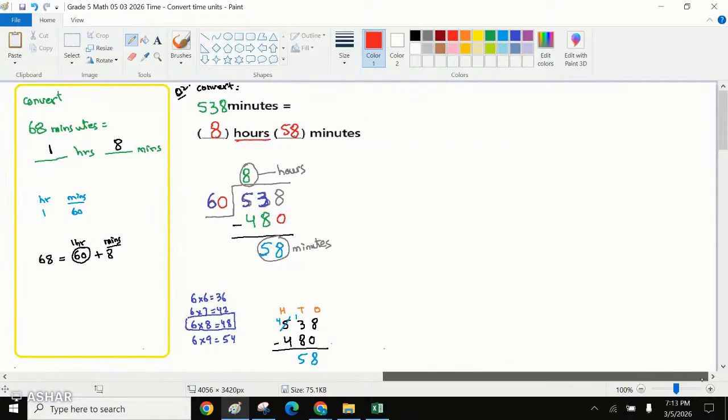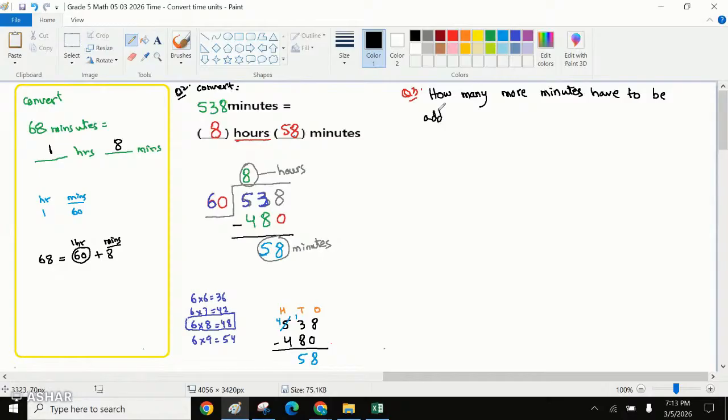Okay, let's make this question a little more interesting. Let's not convert. Let's see how many more minutes have to be added to 538. I'm using 538 because we can relate to question number 2 and question number 3.